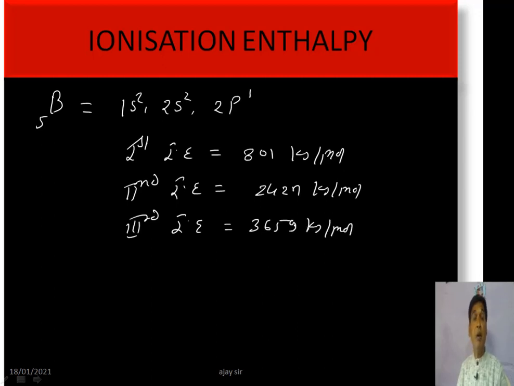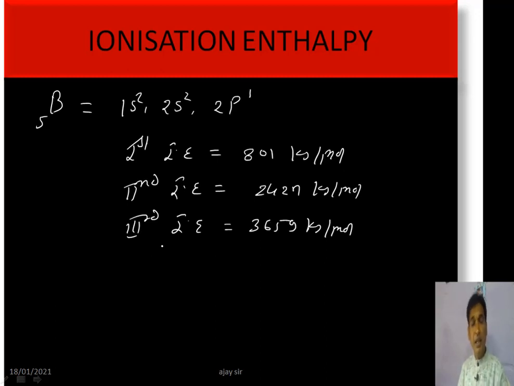The sum of these three ionization enthalpies is a very large amount. This large amount is not compensated by the lattice enthalpy or hydration enthalpy, so boron forms only covalent compounds.